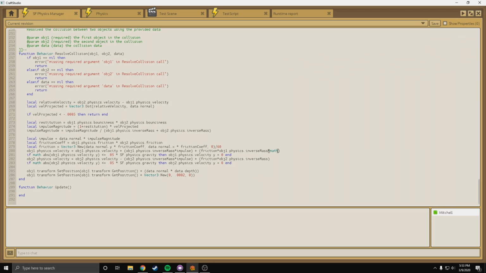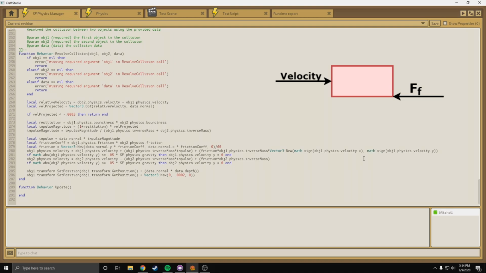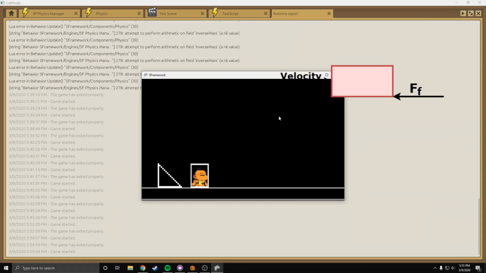The other thing we have to consider is that friction always acts in the opposite direction to the direction that our actor is moving in. So what we'll have to do is take our friction vector and multiply each component, the x and y, by the direction of their velocities.